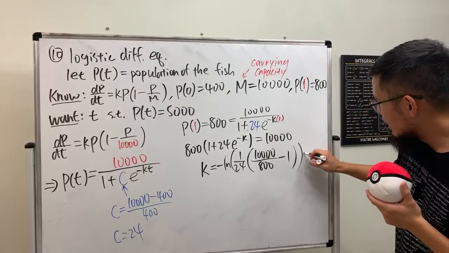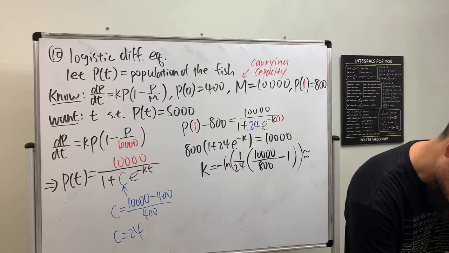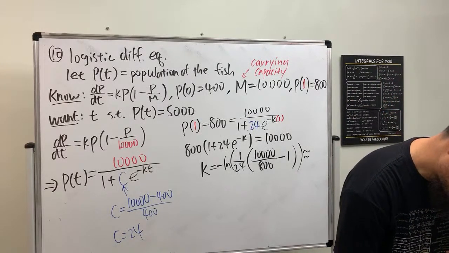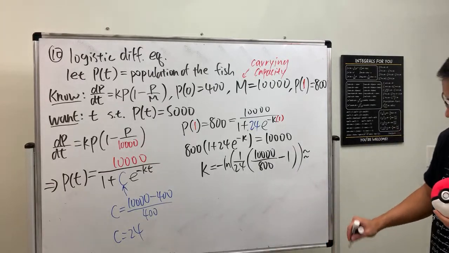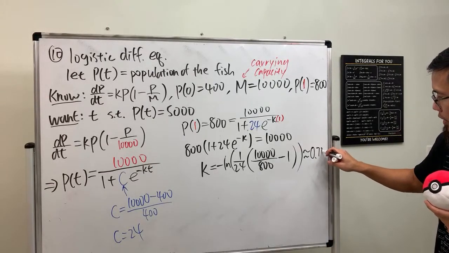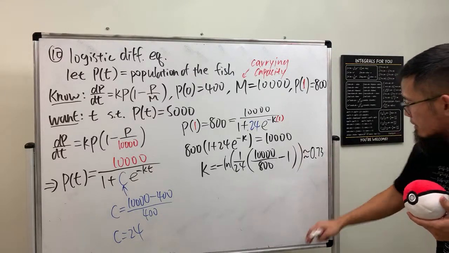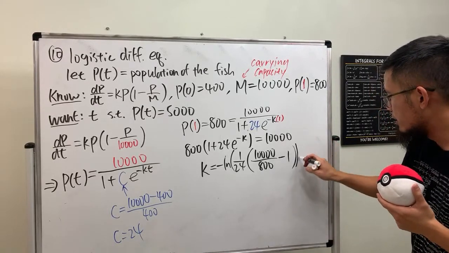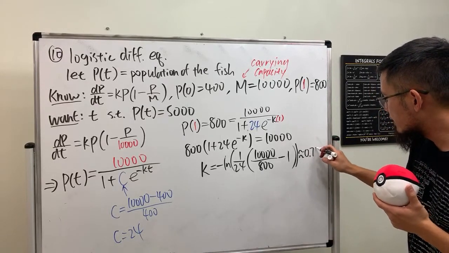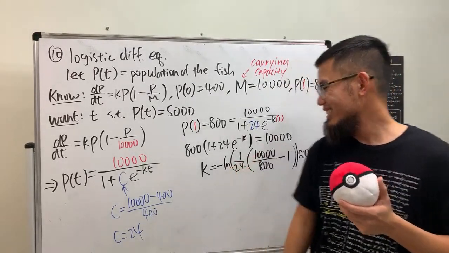And k will be approximately 0.7357, 4 decimal places, right?